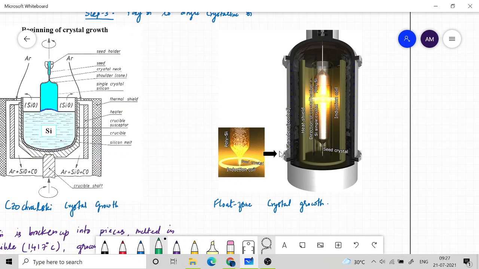And then what we do is that this RF coil, which is melting this polysilicon rod, is gradually moved from bottom to top. As you move it forward, what will happen?